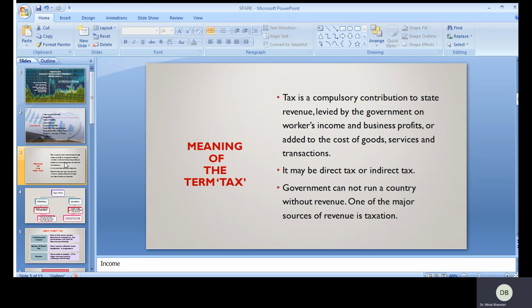and municipal corporation. So obviously our government or the providing institution needs some charge to be paid by citizens.